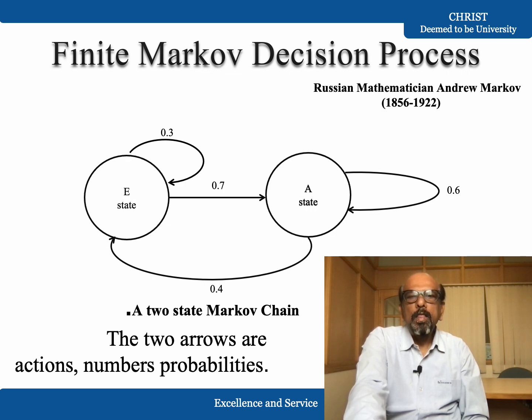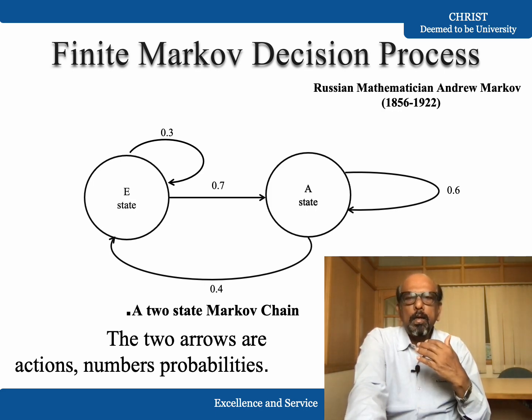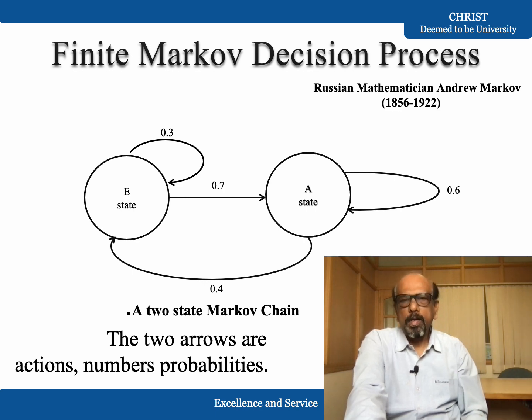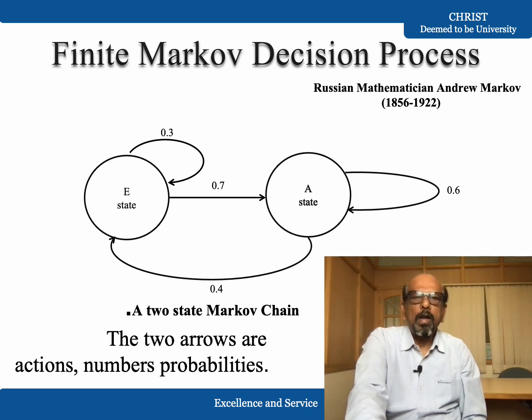If you select the first action and perform, you will get some reward. Whereas if you select the second action, then you will get another reward. But the policy, the agent selects the first action with the probability 0.6. It means 60% of the time it chooses action 1 and 40% of the time it chooses action 2.